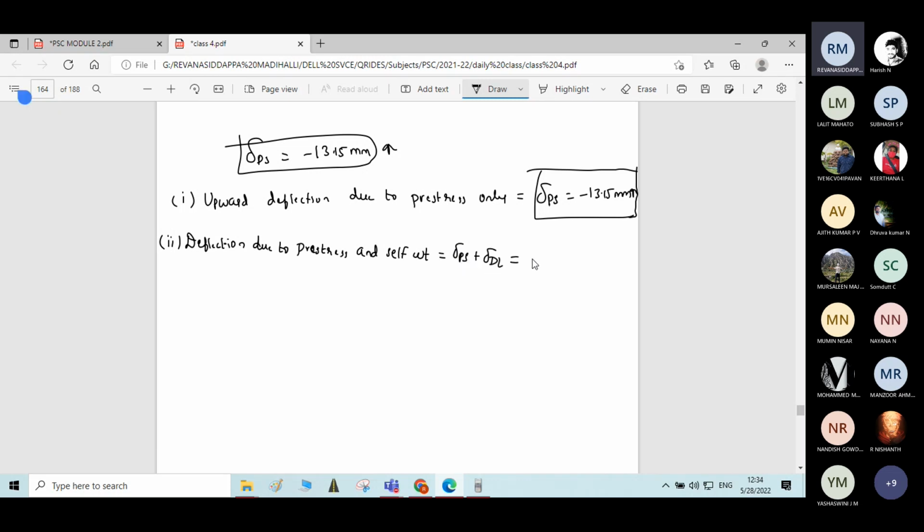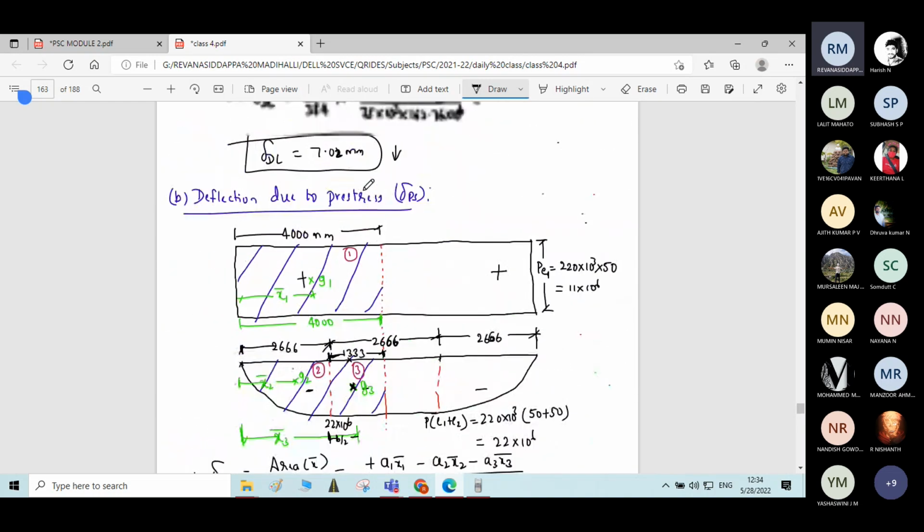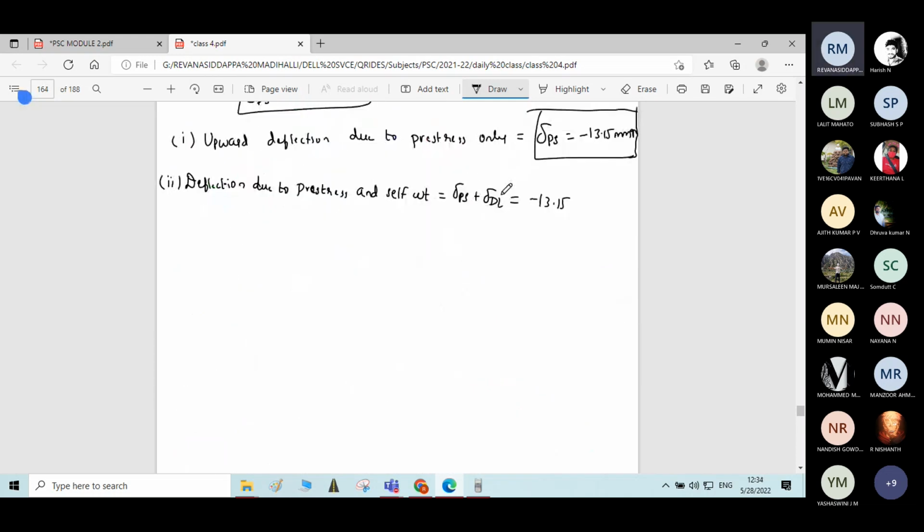Delta PS is minus 13.15, and delta DL is plus 7.02. So you get the answer as minus 6.13 mm. The negative sign indicates the deflection is in the upward direction.